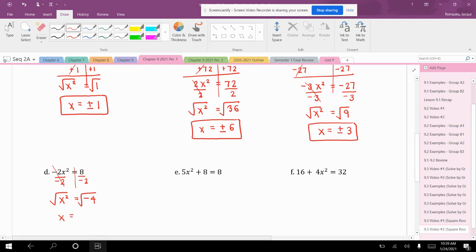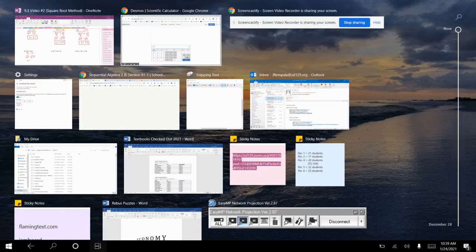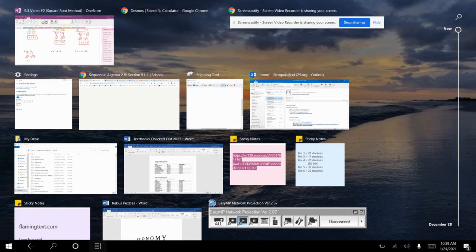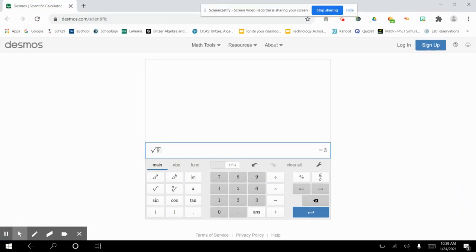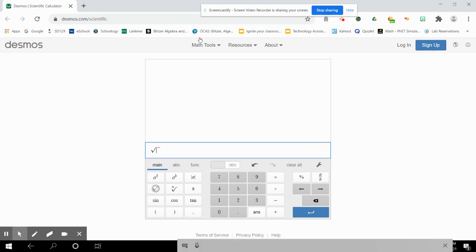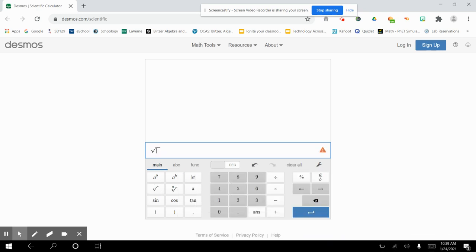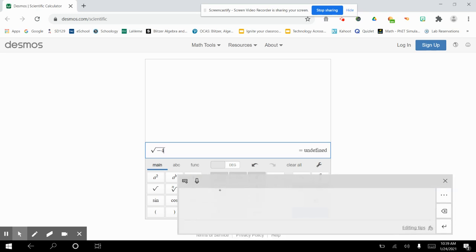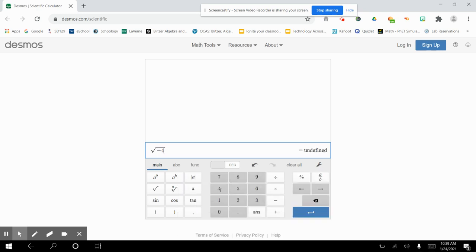Once again, I want to show you in your calculator. If you were to do this, then I'm going to take the square root. Oops, I've got to clear all. Take the square root. I'm going to plug in the negative 4. And then notice that on the far right, it once again says undefined. Or if you're typing it into your calculator, it's going to say the word error.